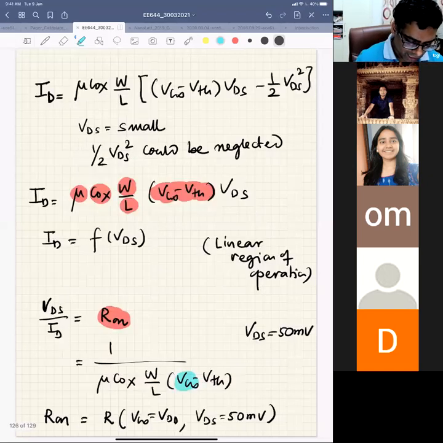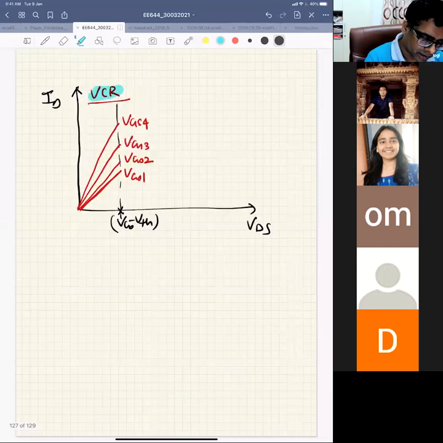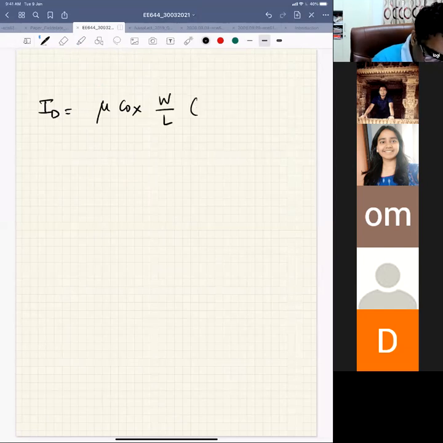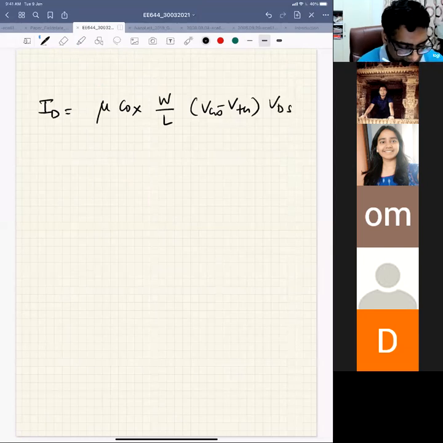Okay, but if you look at this, if your VDS is small, I could come back to this. I just write down ID equals mu Cox W by L, VGS minus VTH times VDS.